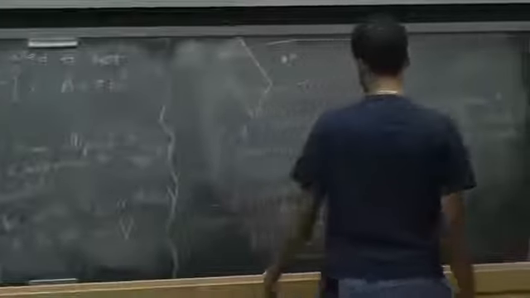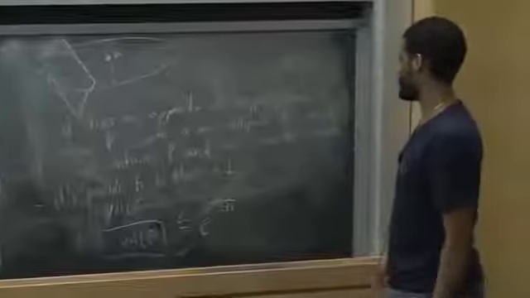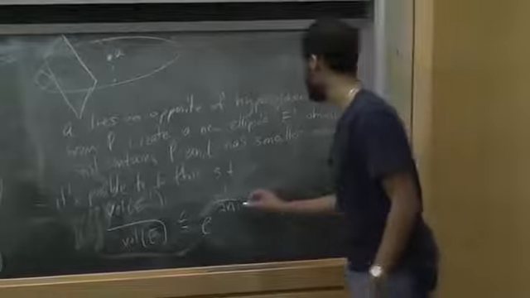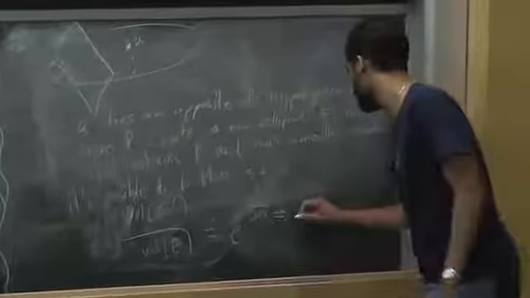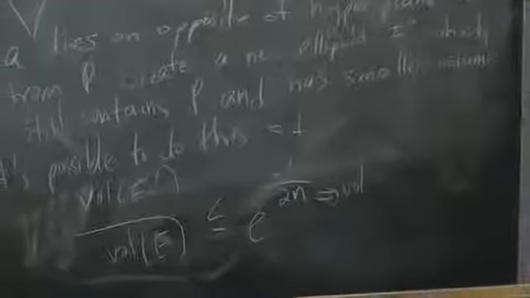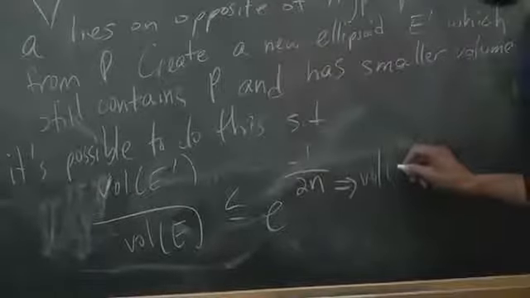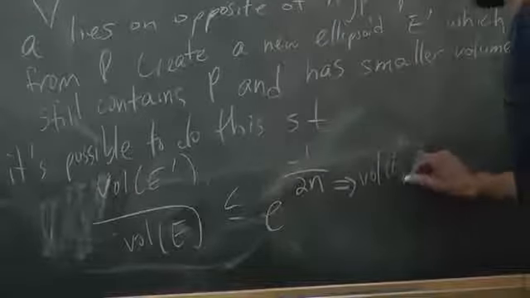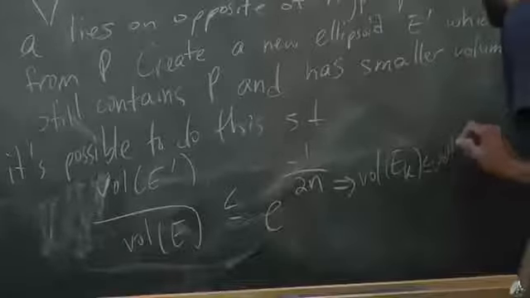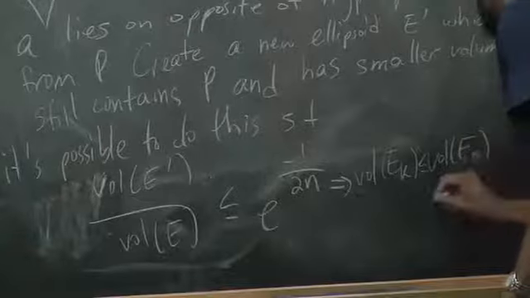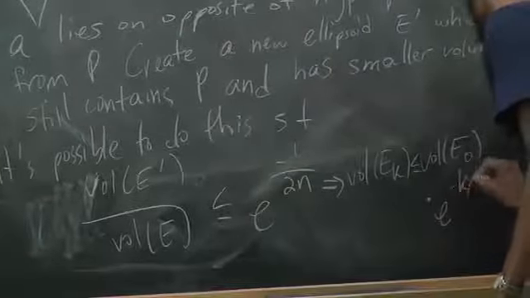Right? And yeah, so I guess maybe I should have said this. This volume comparison here implies that if you look at the volume of the kth ellipsoid, it's at most the volume of the original ellipsoid times e to the minus k over 2n.